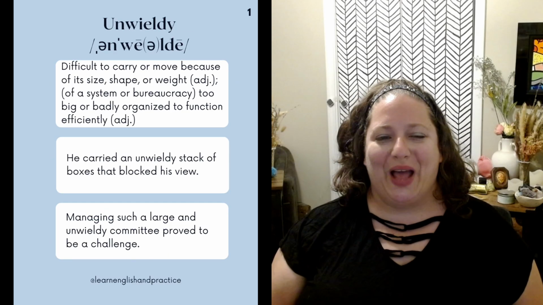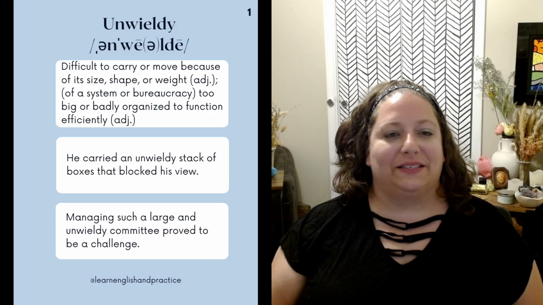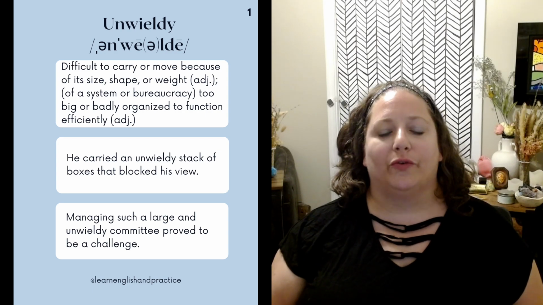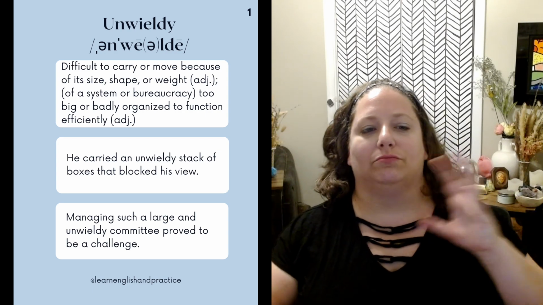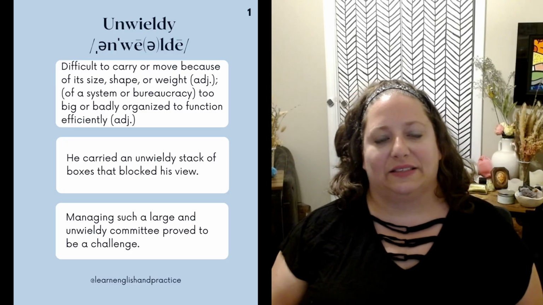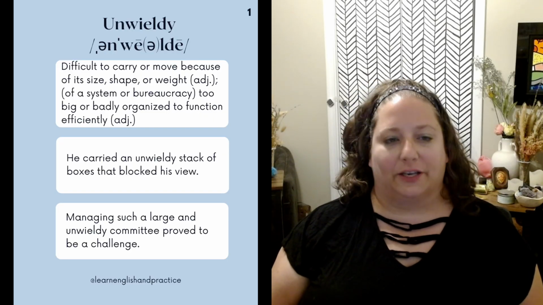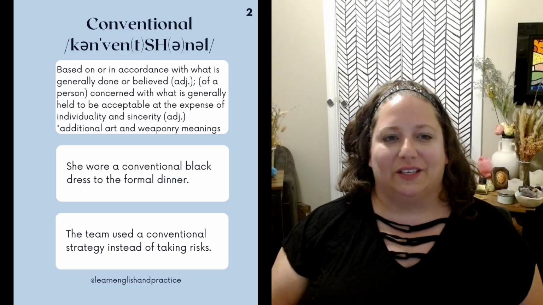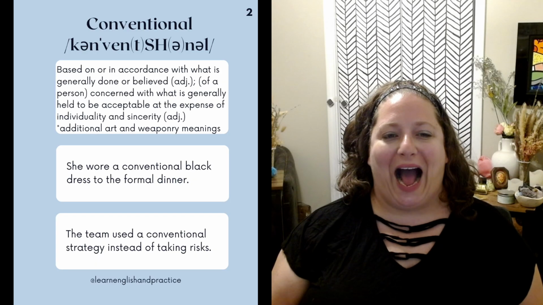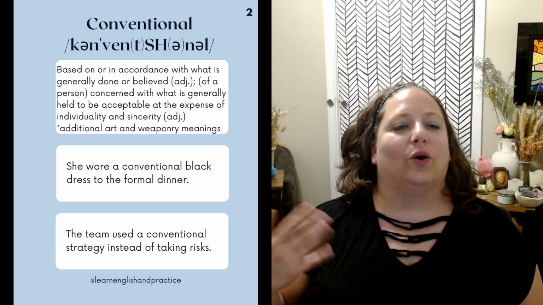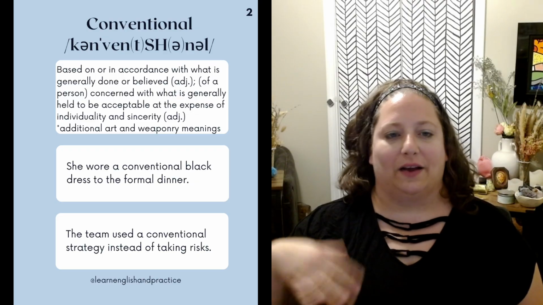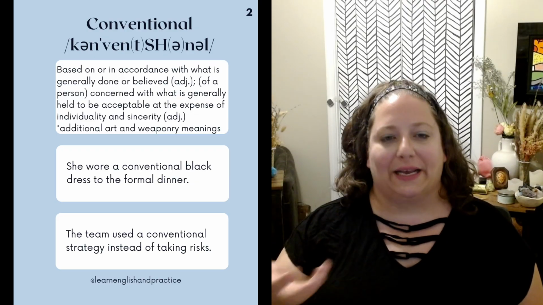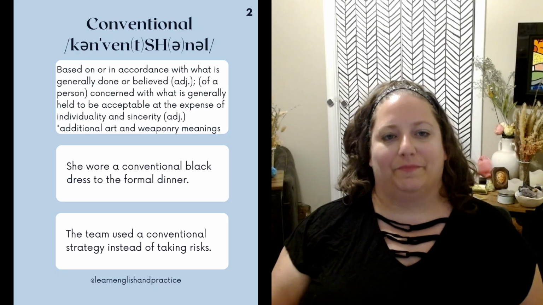Unwieldy. Unwieldy means difficult to carry or move, or it can refer to too big, badly organized, and thus not functioning properly. Conventional. Conventional is in accordance with what is typically done or how things are typically expected to be done.